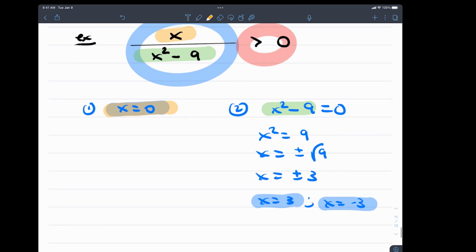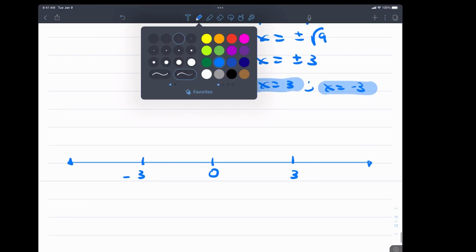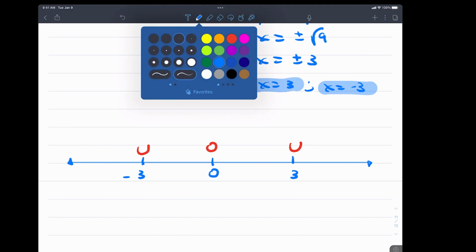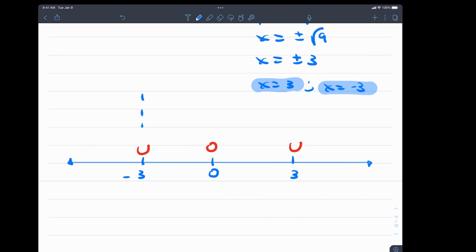So it's undefined at -3 and positive 3. So you're going to put a u here, a u here. It's 0 at 0. So again, 3 values give you 4 regions. Region 1, 2, 3, and what? 4.